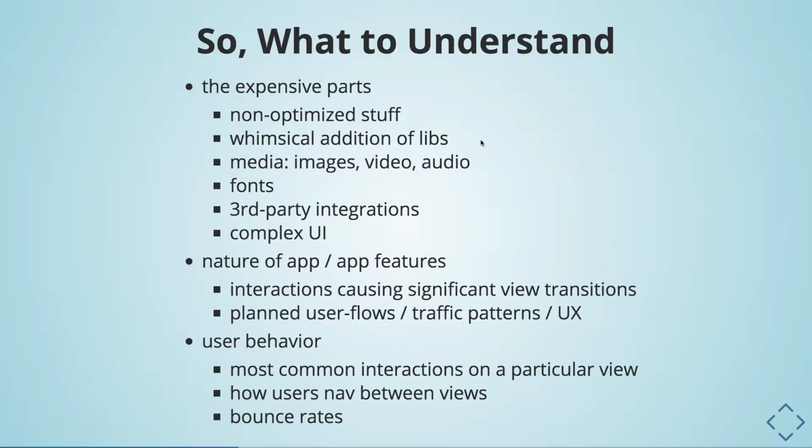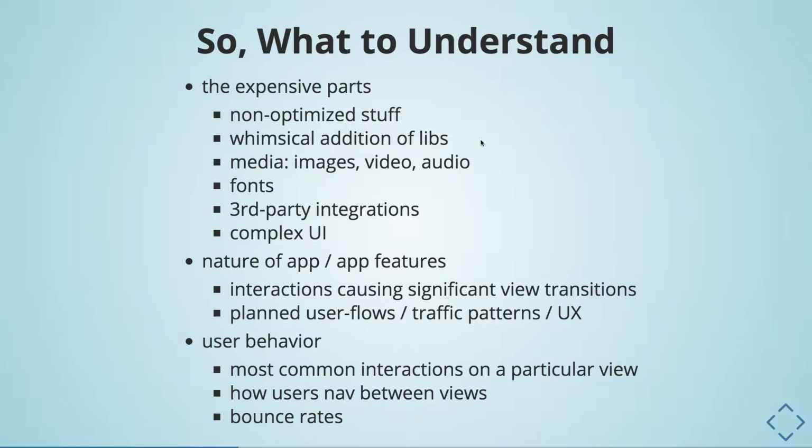Media is always very, very expensive, right? Fonts can be surprisingly expensive. And third-party integrations or libraries or frameworks, you've got to be careful there. And sometimes just the nature of the UI or the thing that you're providing is expensive. And so these are things to look out for. This is where you probably, if you're looking to find the low-hanging fruit, find these things, make sure they're optimized, right? And we'll talk more in depth about that.